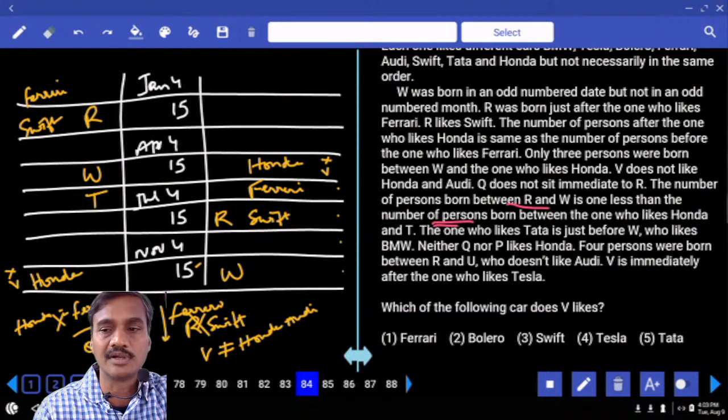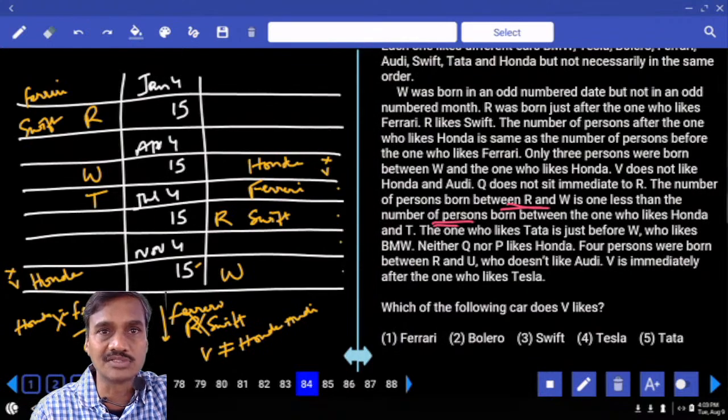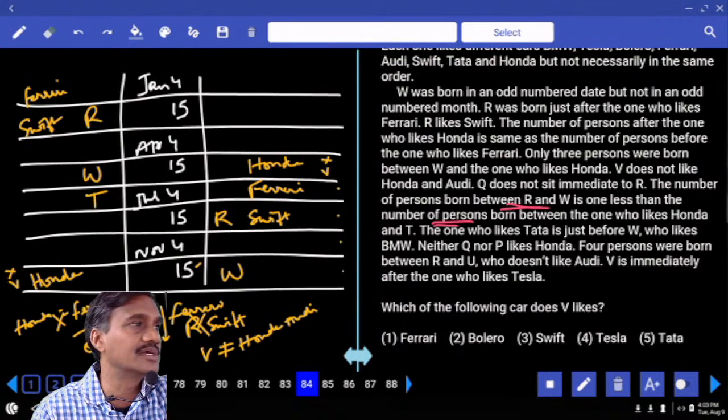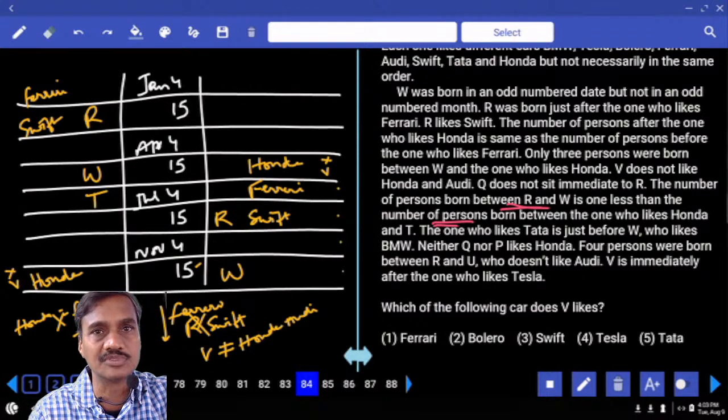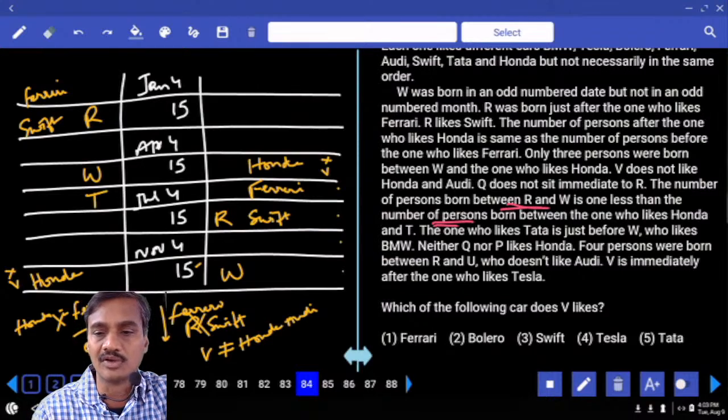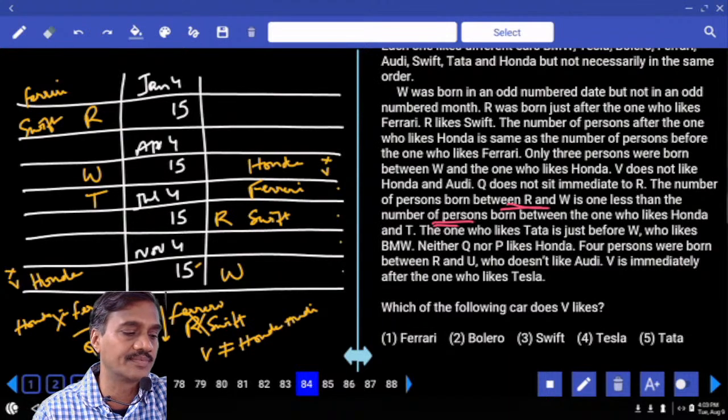One lesser than 2 is one person between R and W. So this 1 is 1 lesser than T and Honda, which means there must be 2 people between T and Honda.